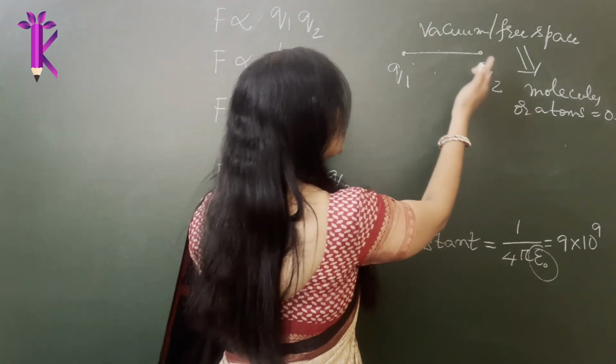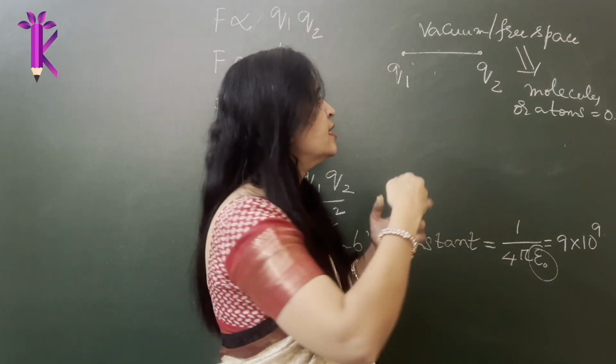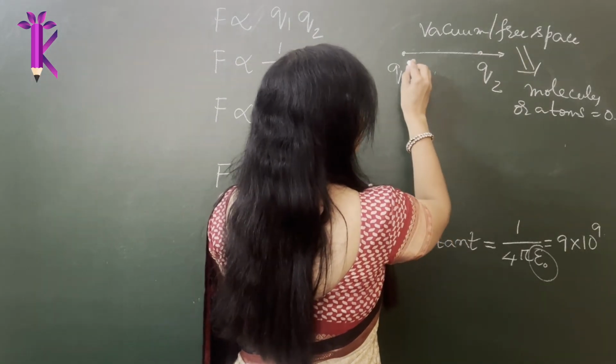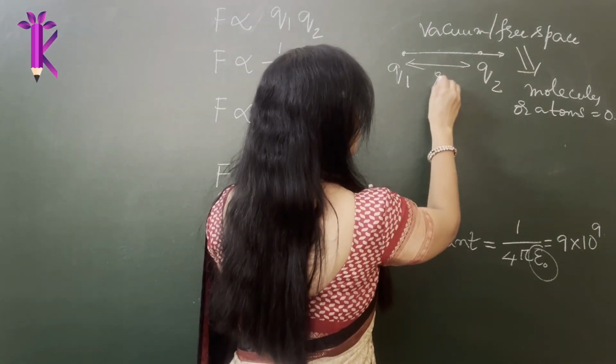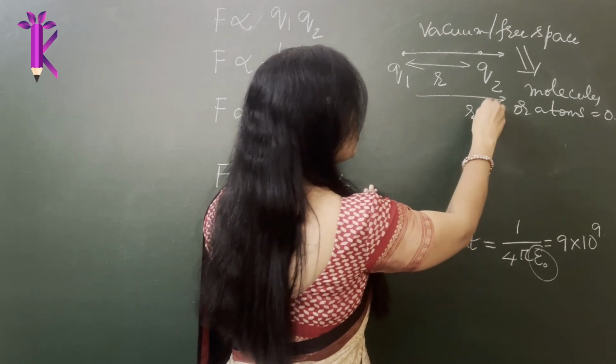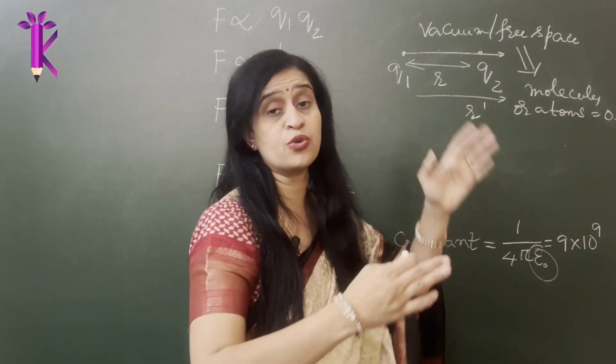For every action there is an equal and opposite reaction. So when this starts pulling on Q2, Q2 also starts pulling on Q1. If that's the repulsive force, they start moving apart. So if R was the distance of separation initially, after the force was applied the separation will be R dash. So Q2, in reaction to the force, has moved away.